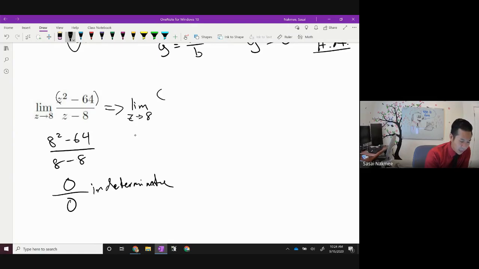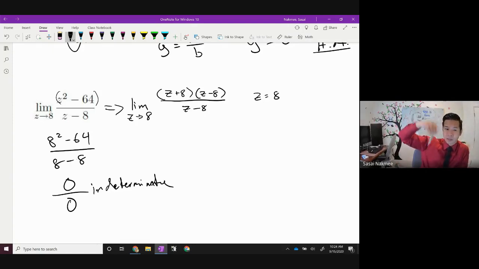In the top here, we're going to have z plus 8 and z minus 8 all over z minus 8. And if you were to rewrite this, at z equals 8, we're not going to have an infinite discontinuity. We're going to have a removable discontinuity.